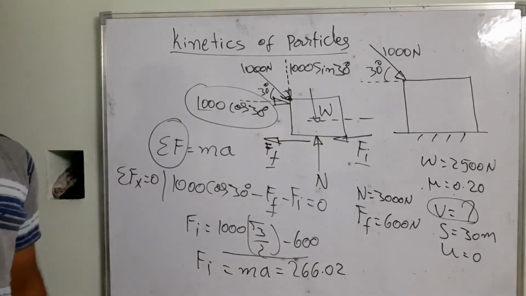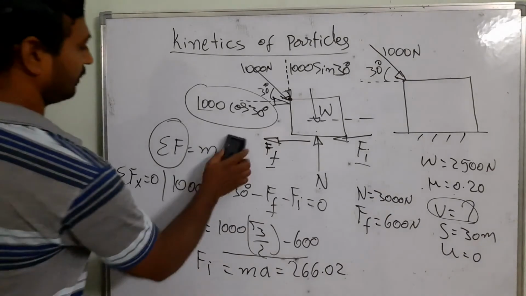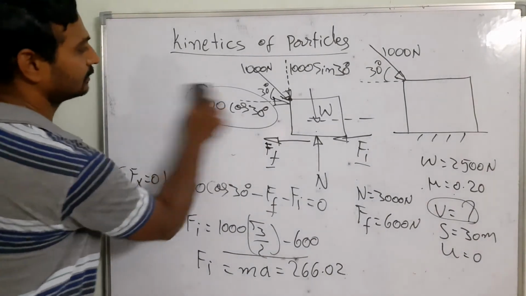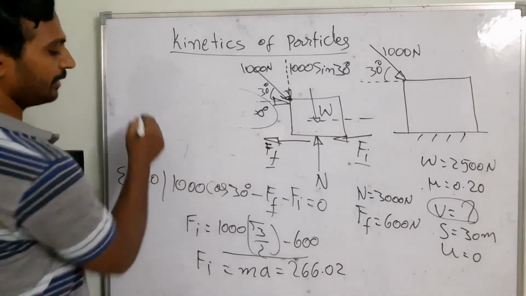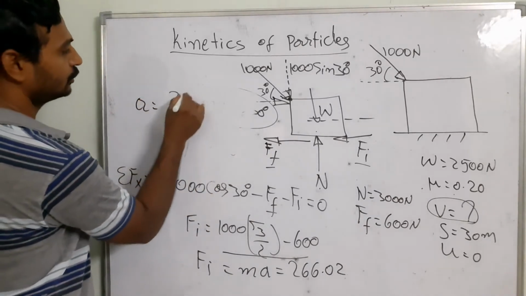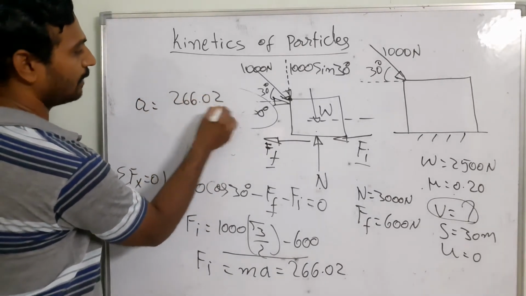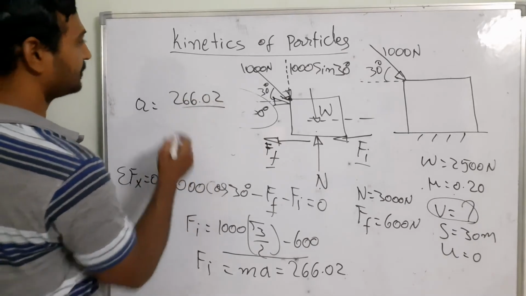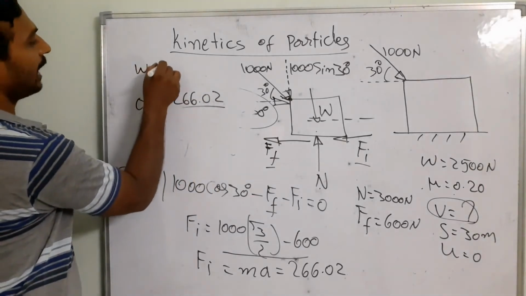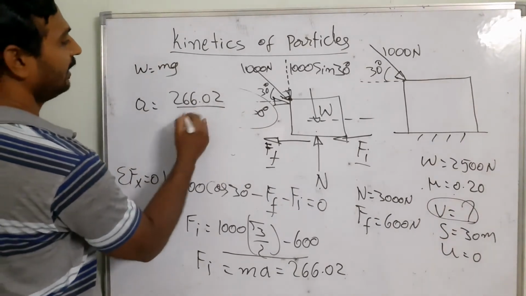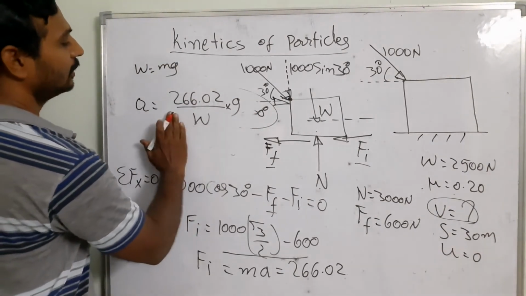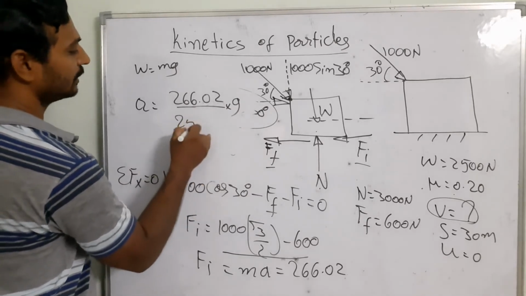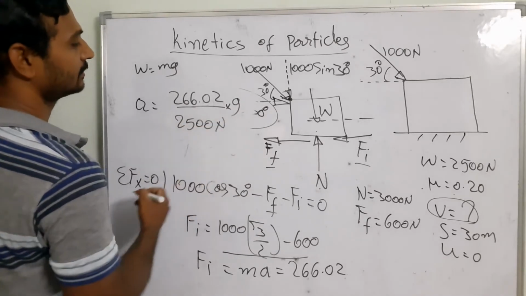From the equation simplification, I am going to write A is equal to 266.02 by m, where weight is equal to mg. As we know, W is equal to mg formula. If I simplify, this is going to be W into g. The W is equal to 2500 newtons, right?